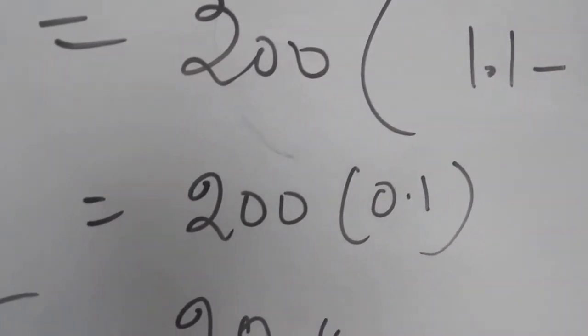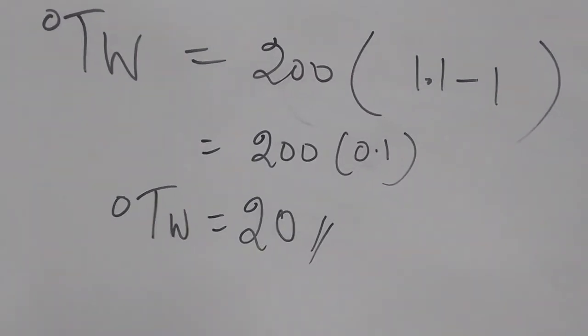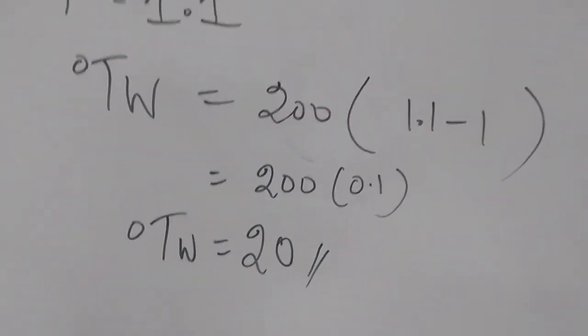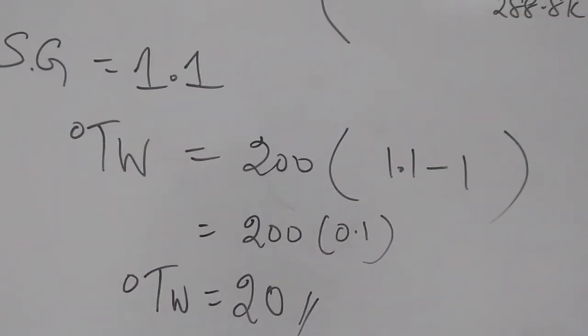So if specific gravity is 1.1, we get degree Twaddell equal to 20.